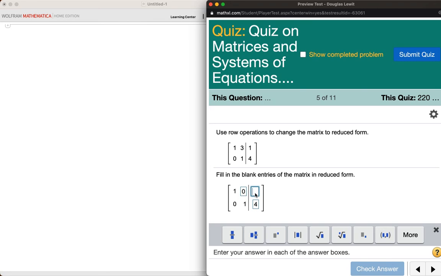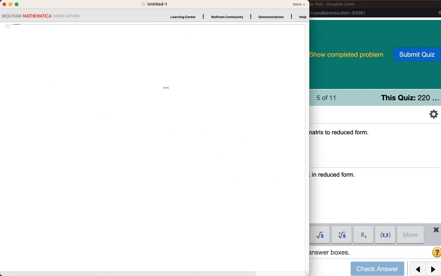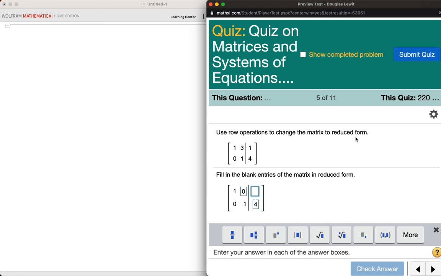So what is this number going to have to be? Well, now think about it. I'm actually going to try this without Mathematica because it's really not a hard problem. In order to change the 3 to a 0, what do we have to do?